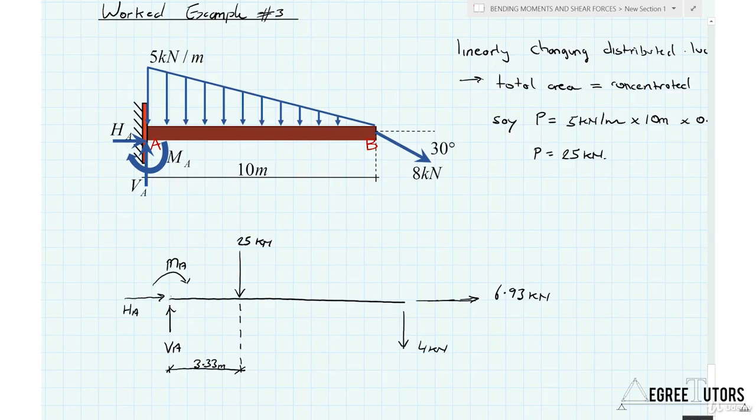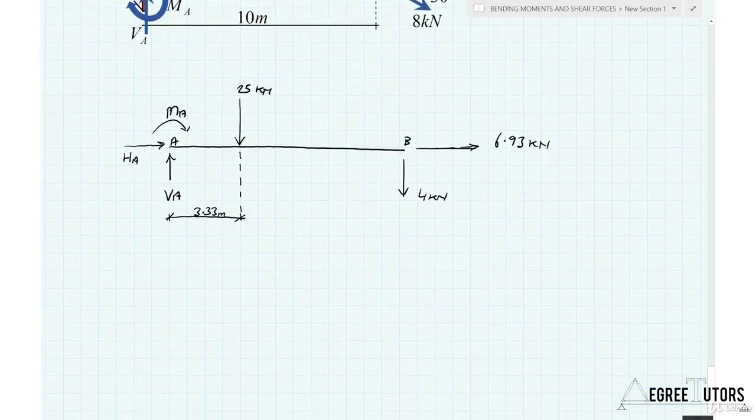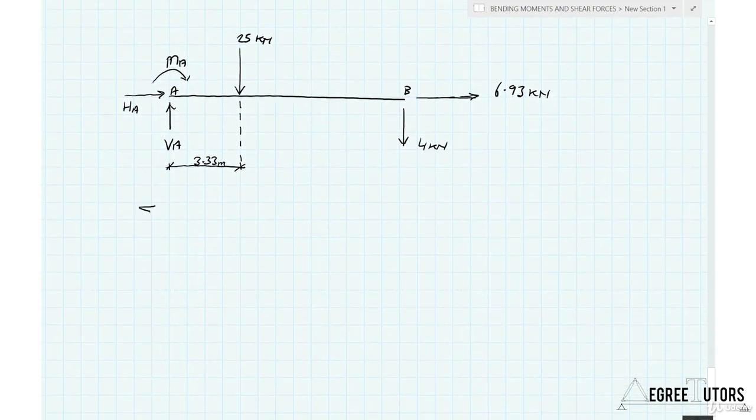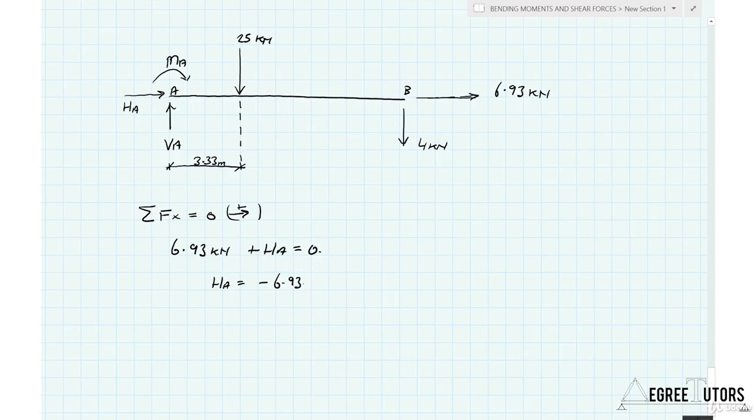Okay, so now we have a free body diagram. Let's label it. That's point A. That's point B. And now we can evaluate our equilibrium equations. Let's look at the sum of the forces in the horizontal direction equals 0. Assume to the right is positive. And what do we have? We've got 6.93 kilonewtons plus HA equals 0, and that means that HA is minus 6.93 kilonewtons.